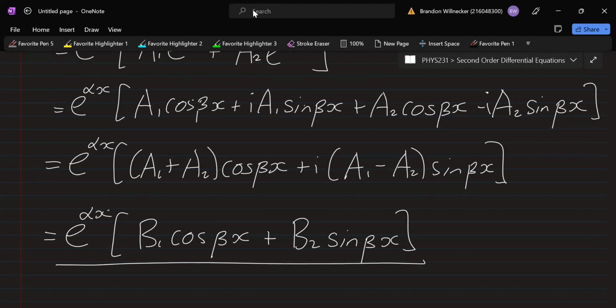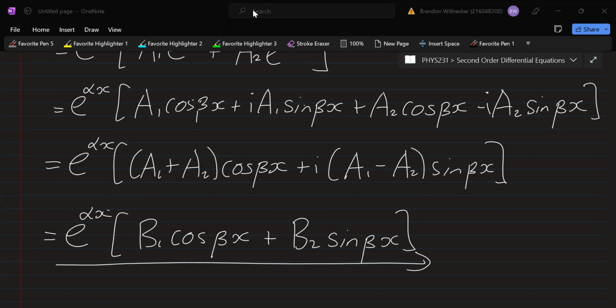This gives us an alternate form without those imaginary parts. The e to the alpha x comes from the real part, and the cos beta x and sine beta x come from the imaginary part of our complex lambda.